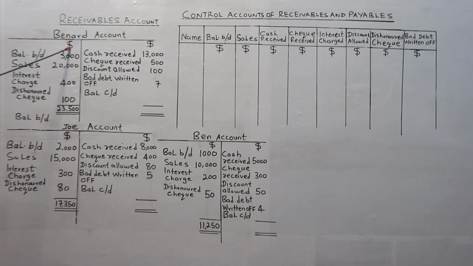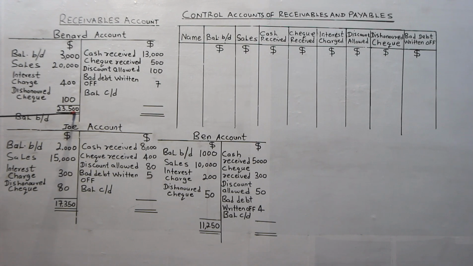Now, if we add the total amount that Bennett, a receivable, is owing, we have 3,000 plus 20,000 plus 400 plus 100. That gives us 23,500.